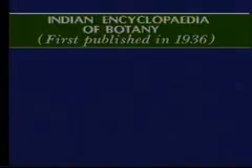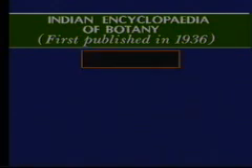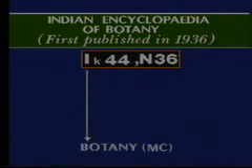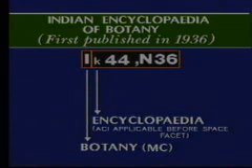The title is Indian Encyclopedia of Botany, first published in 1936. The class number is I small k 44, N36. I stands for main class botany, and small k stands for encyclopedia, which is an ACI applicable before space facet.